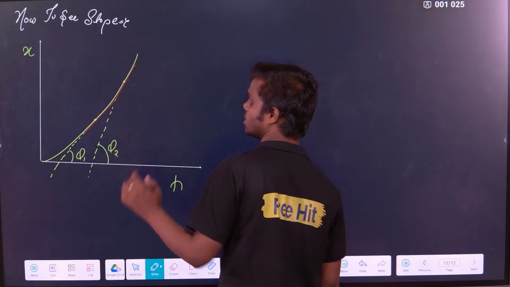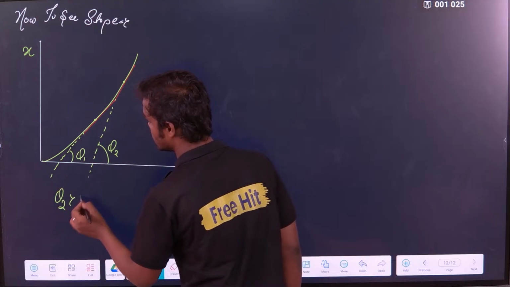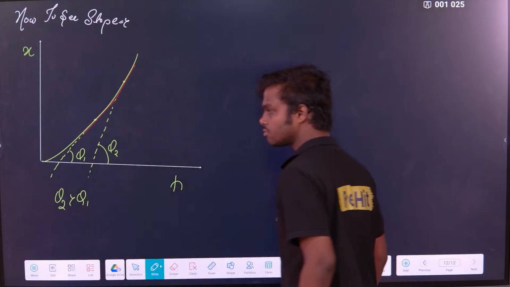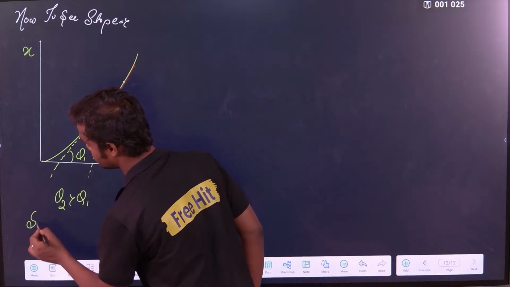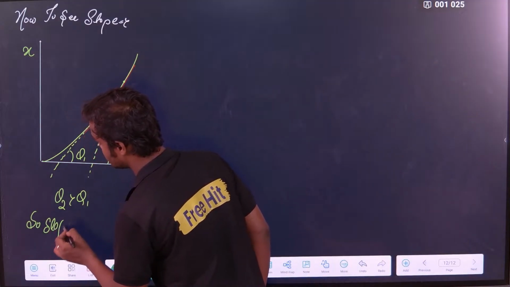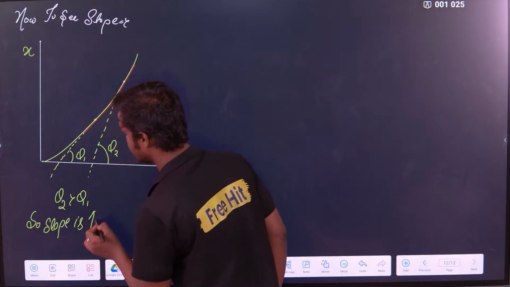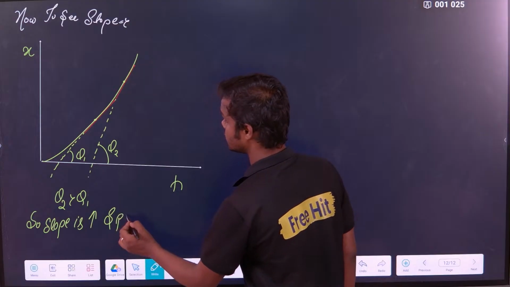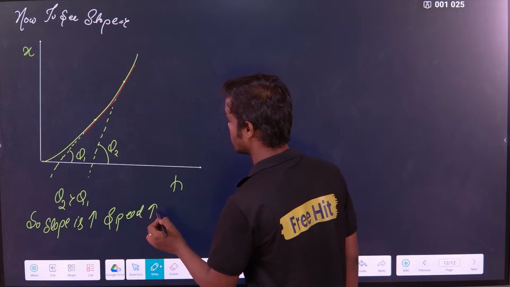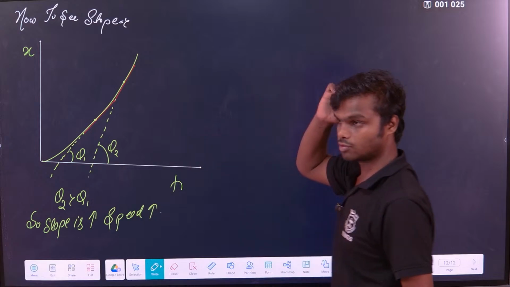What you can see from here is that theta 2 is greater than theta 1, correct? So slope is increasing, correct or not? So can I say my speed will increase? Yes. So that is how you have to see.